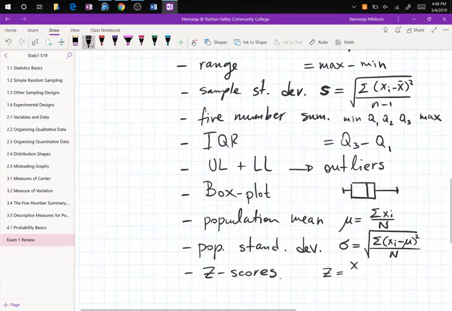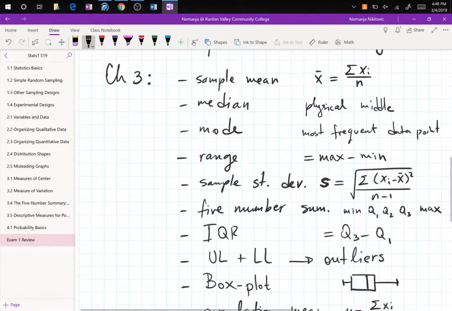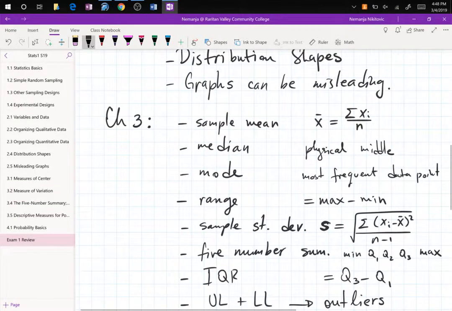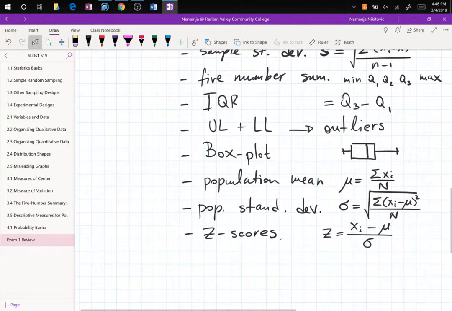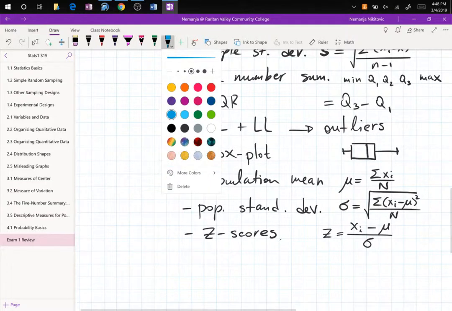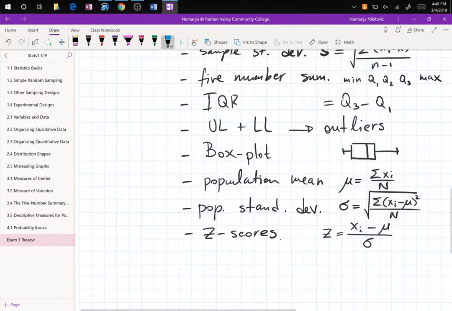So that's going to be xi, the one you pick, minus the mean, divided by the standard deviation sigma. 1, 2, 3, 4, 5, 6, 7 formulas, and then I did not do these guys yet, so I'll put this blue star over here, and I'll go down.